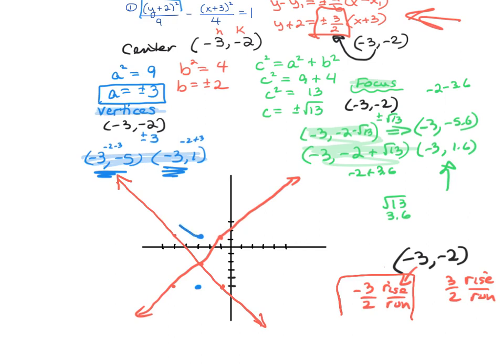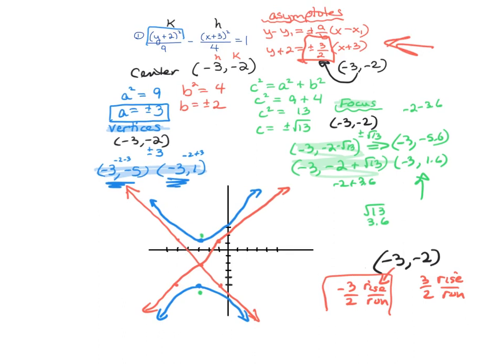Just guide it along the asymptotes. And then lastly, graph your focus points. So -3 and 1.6. It's going to be really close to that vertex. And then the same thing here. And that was that graph.